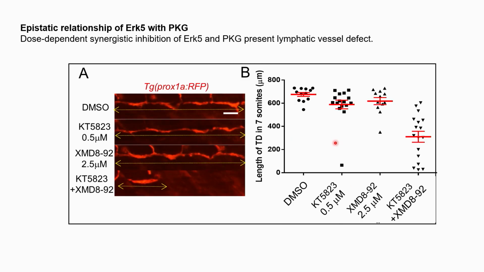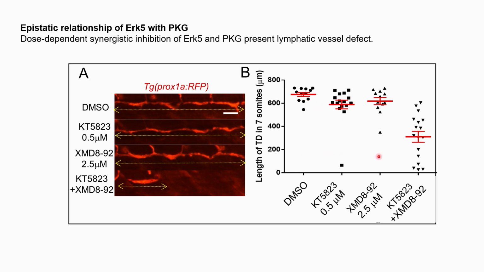Next, we tested the epistatic relationship of ALK5 and PKG. First, we treated a very low dose of PKG inhibitor or ALK5 inhibitor. In this embryo, lymphatic vessel formation was normal.